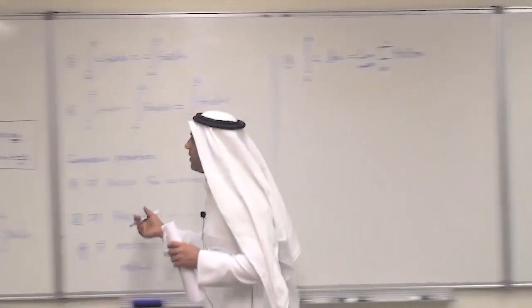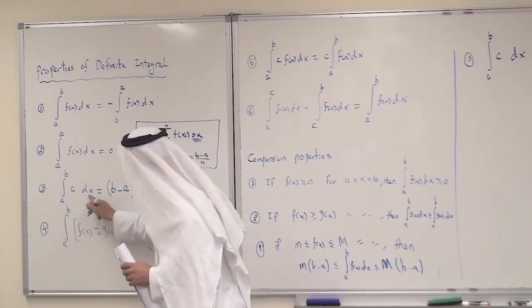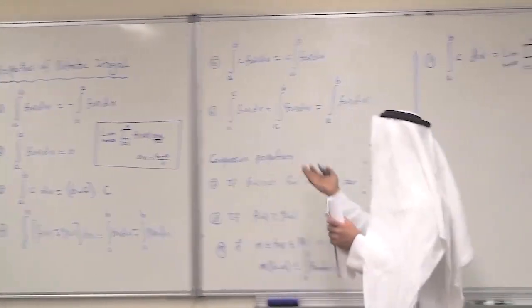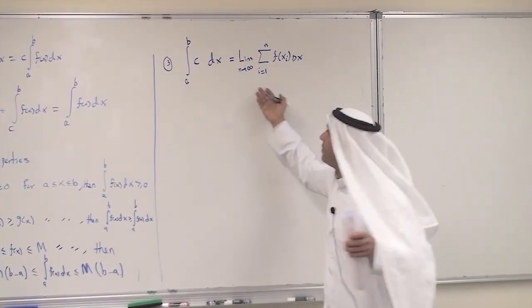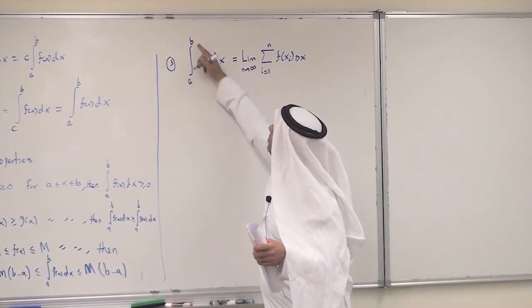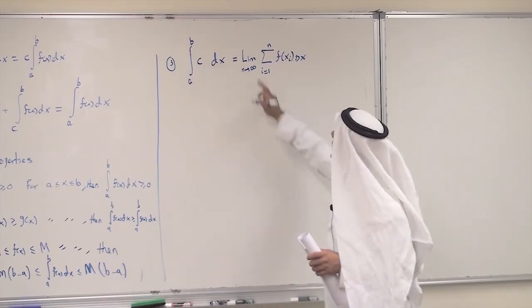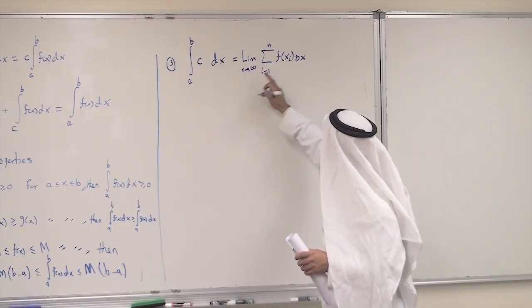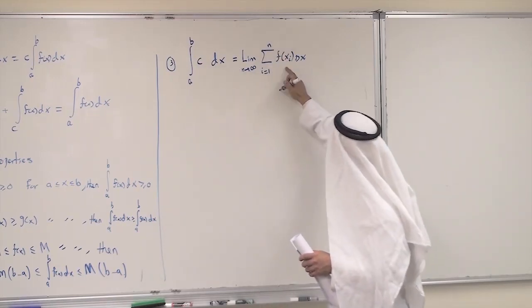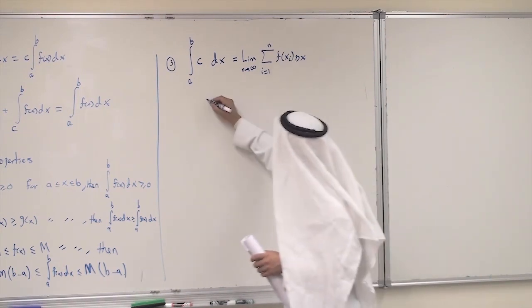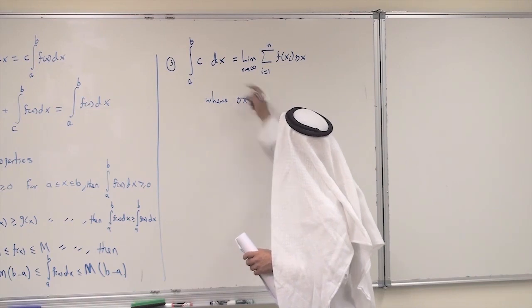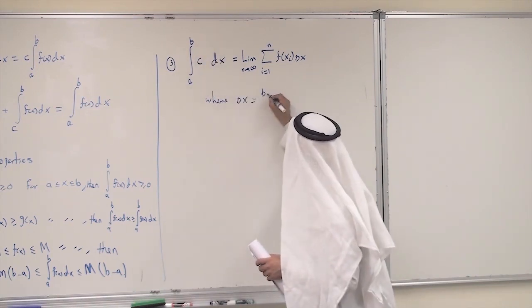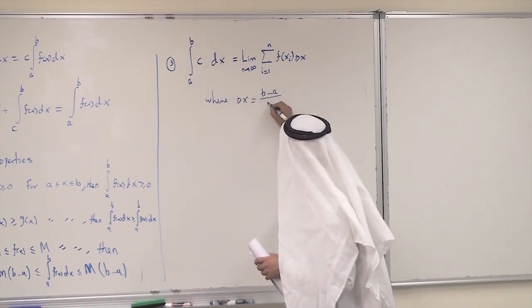To show 3, which is the integral from a to b c dx, we need to just show that this is equal to b minus a times c. We will apply the definition. Clearly, the definition says the integral from a to b c dx is equal to the limit as n goes to infinity of the sum from i equal to 1 up to n of f of xi delta x, where delta x, by definition, is b minus a divided by n.